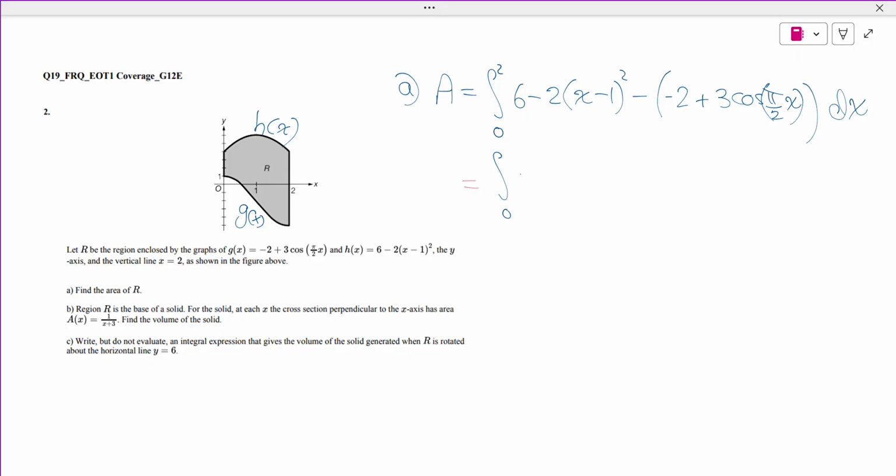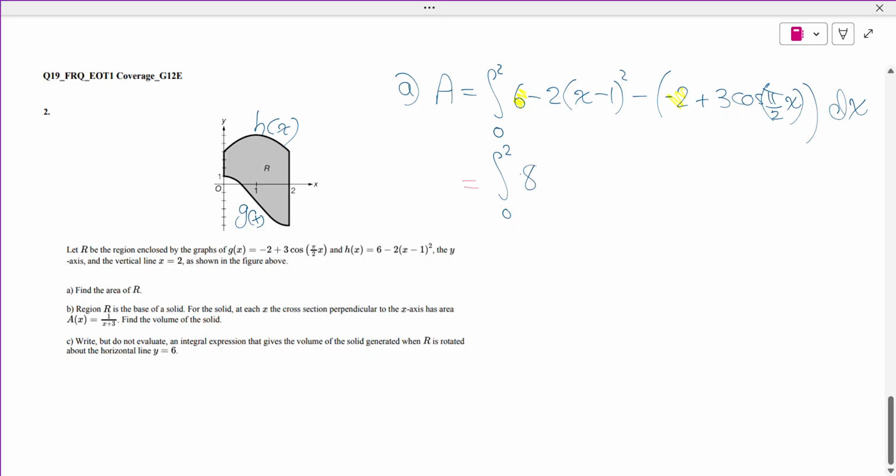Should we rearrange it first? Okay. Let's do that. Yeah, 0 to 2. We've got this 6 minus 2. It will be 8, right? It will be 8.